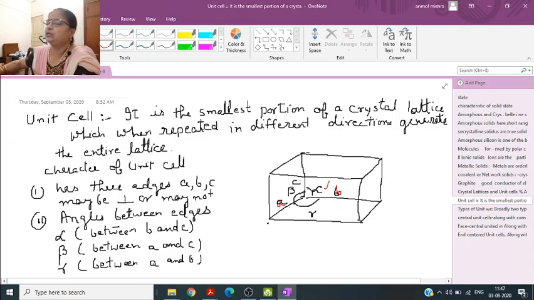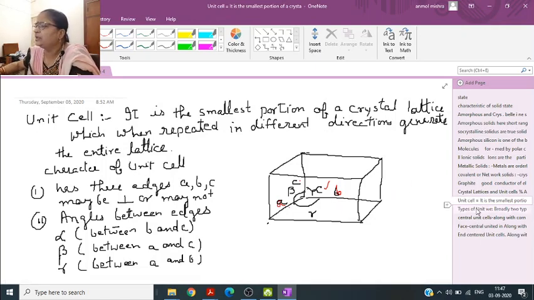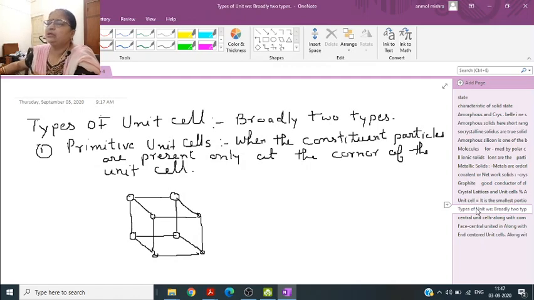So in total there are 6 parameters: 3 edges A, B, C, and 3 angles, alpha, beta and gamma.